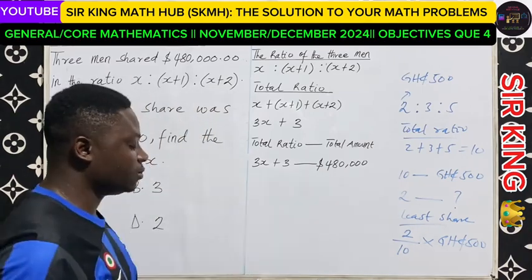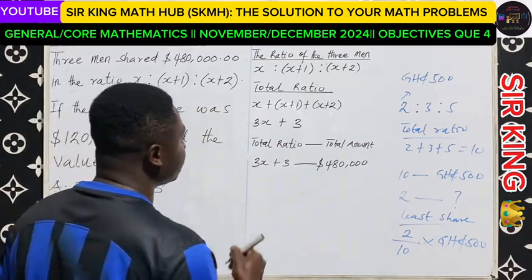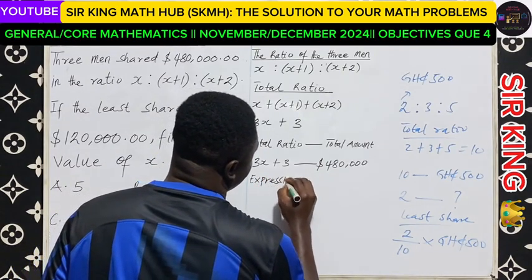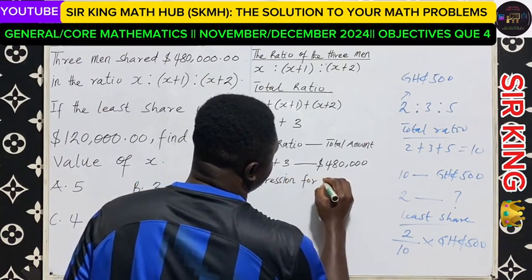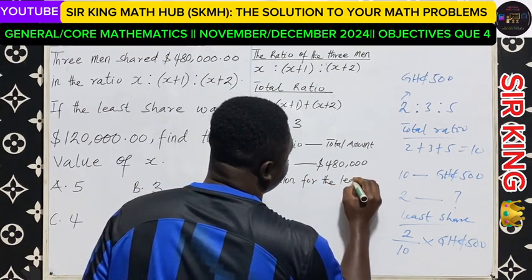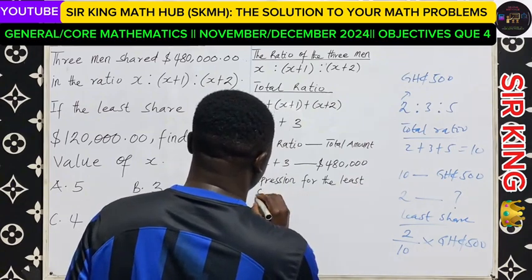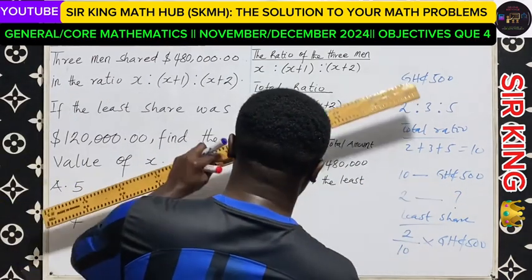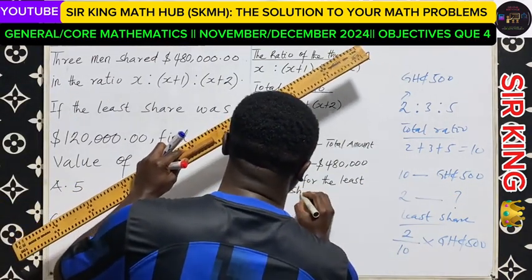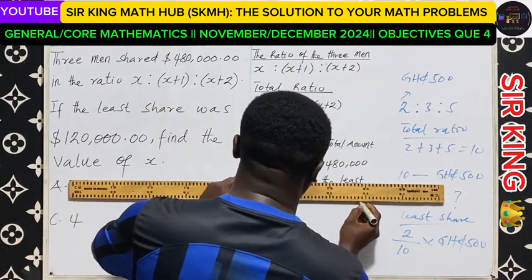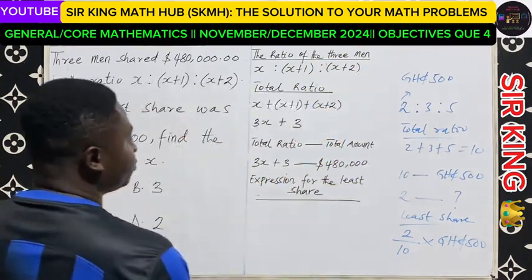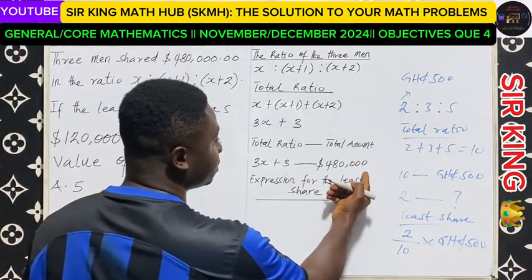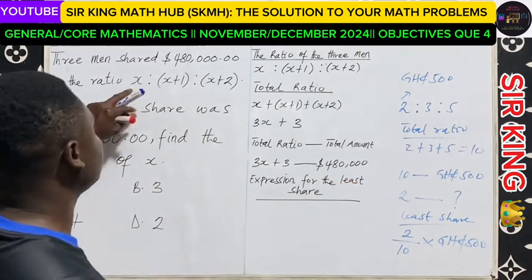So back to this. How then do we get an expression for the least share? From what we did, we know that the total ratio goes with the total amount, and we know the least ratio as x.